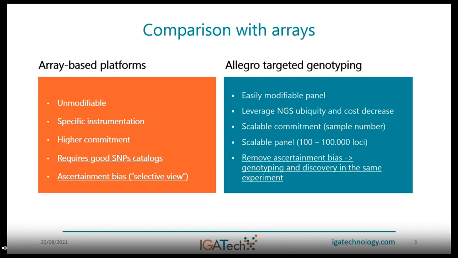And being a sequencing-based platform, it does remove the ascertainment bias problem. So every read will, along with the target polymorphism, provide discovery and genotyping in the span of 100 or up to 300 base pairs.